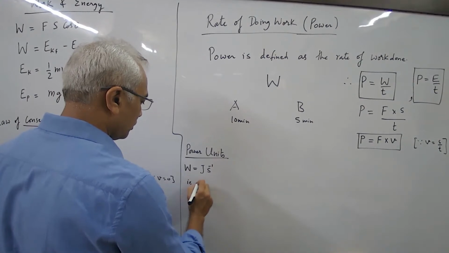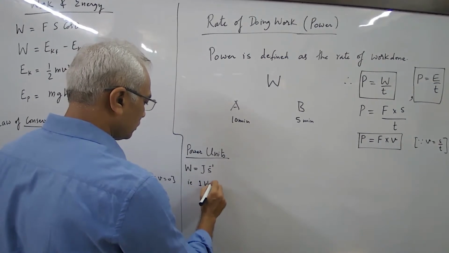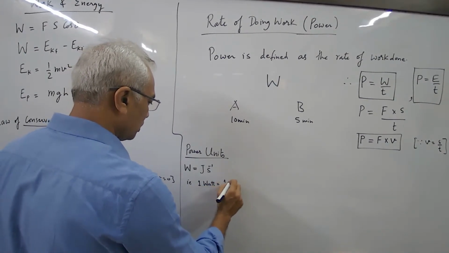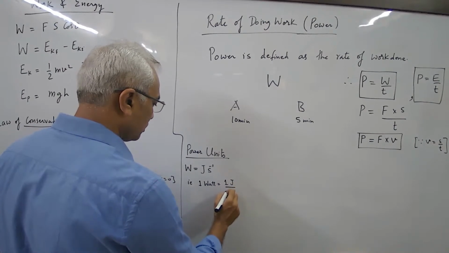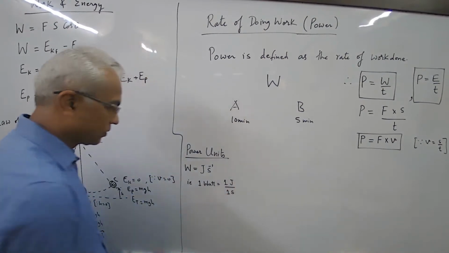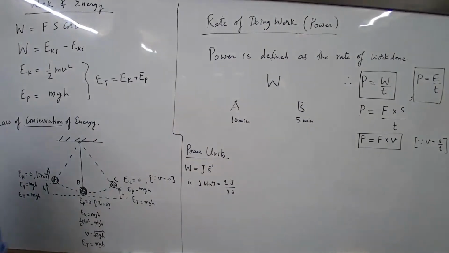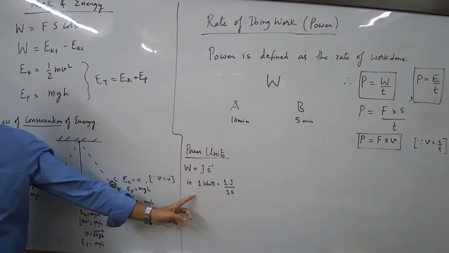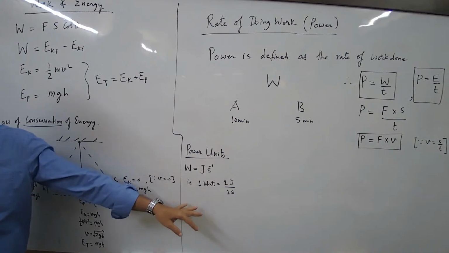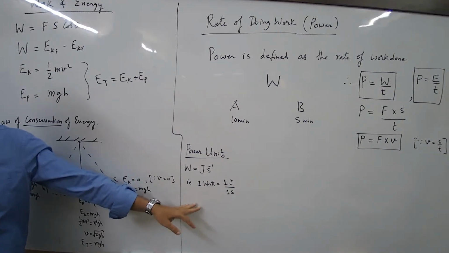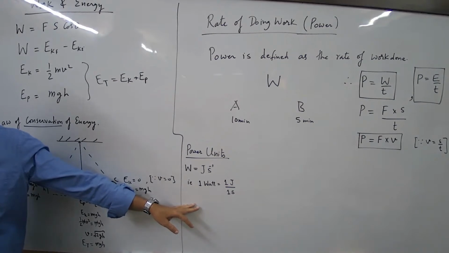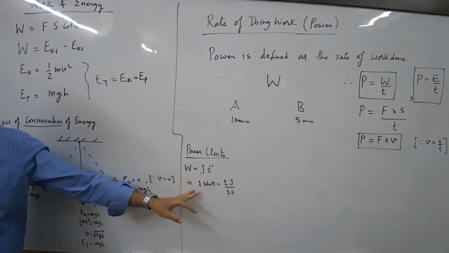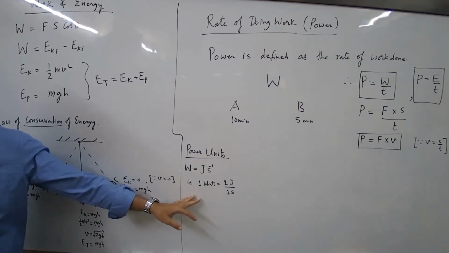That is, 1 watt equal to 1 joule per 1 second. So how is the unit of power defined? When 1 joule of energy is spent in 1 second, then the power is 1 watt. That's how it is defined.